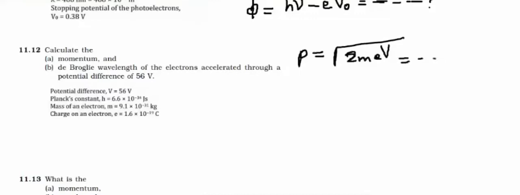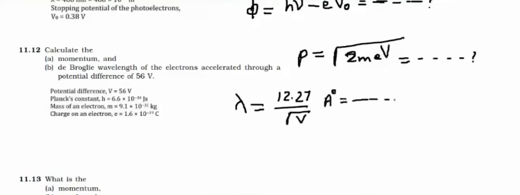So substitute the values, you will get the value of momentum. And de Broglie wavelength: voltage is given, so de Broglie wavelength is equal to 12.27 divided by root V. That means angstrom will be the unit of de Broglie wavelength.